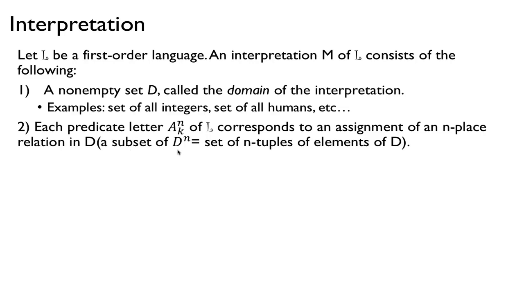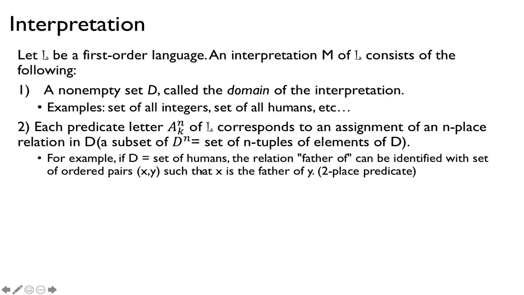A predicate tells you how things are related, and that's why we have this tuple, right? If n is 2, for example, x comma y, x and y are related in some way. So a subset of that tells you the relationship between all these objects. Notice D is the set of objects, and subsets represent how they're related. Maybe we want a two-place relationship, where n is 2.